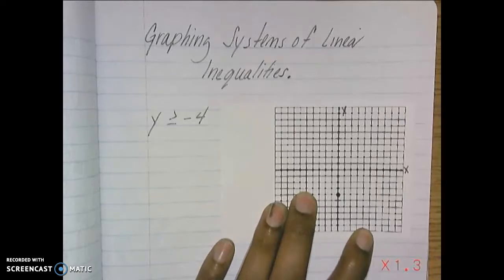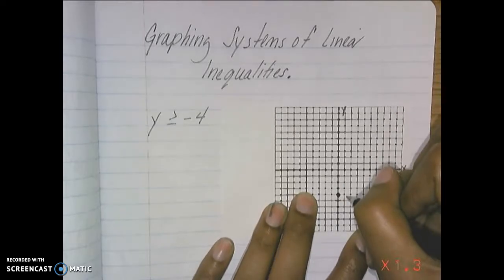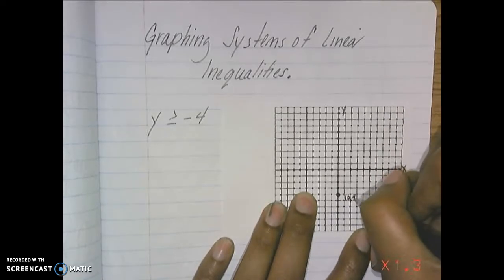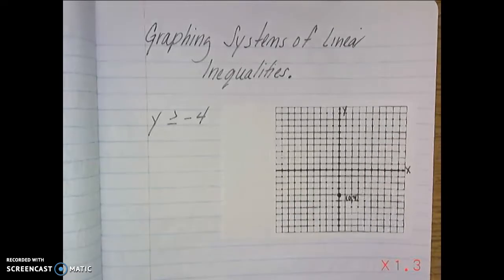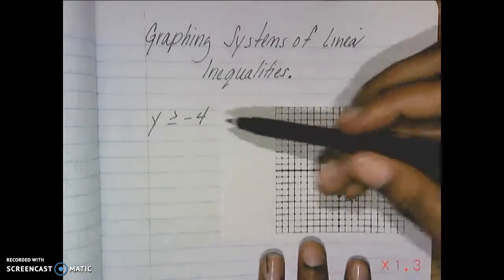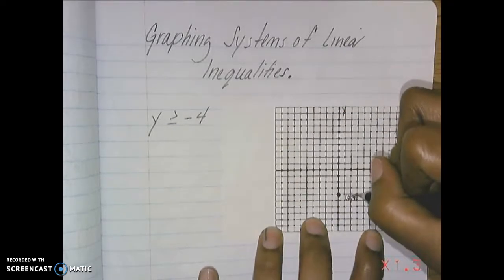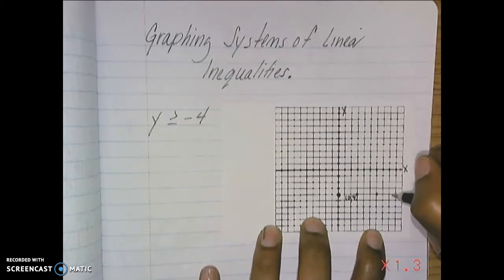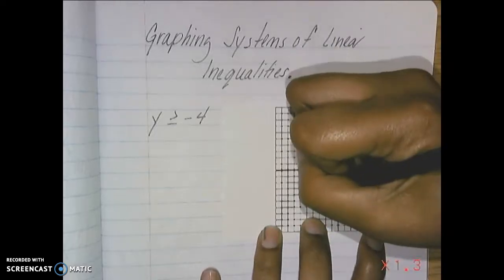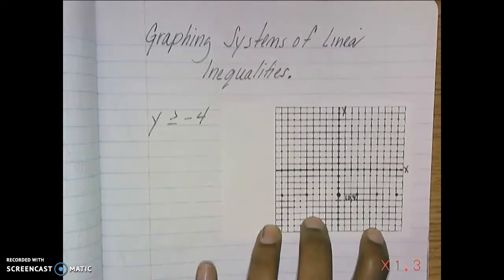Now I have a point at (0, negative 4). It doesn't matter what the x value is on this line. This is the line where, no matter what, y equals negative 4.